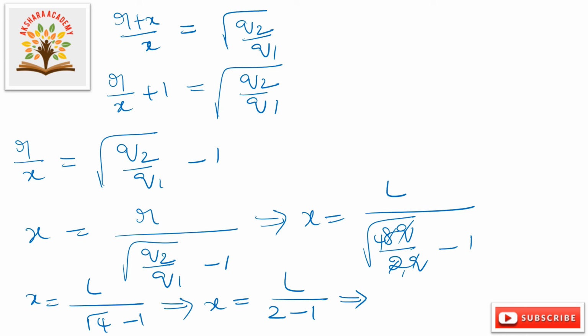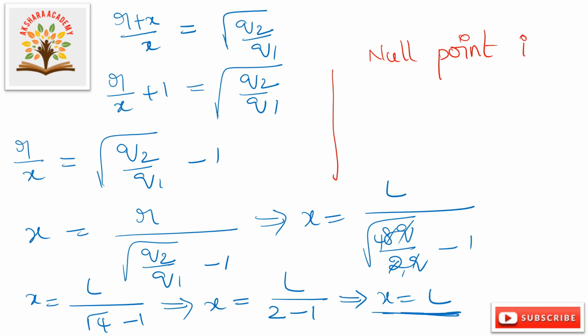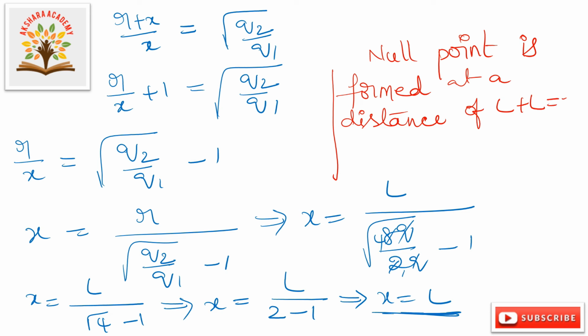So x is equal to L. The null point is formed at a distance of L plus L, that is equal to 2L from the origin.